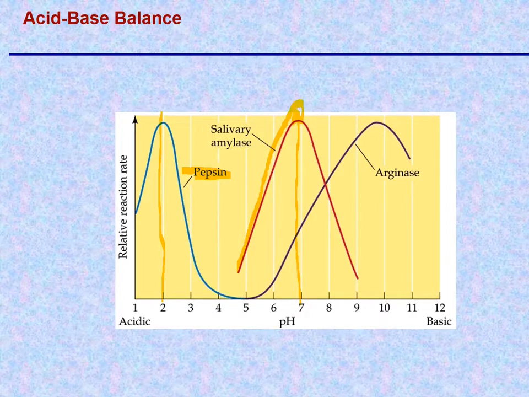But there are other enzymes that have their activity at an even higher alkaline pH. Here's arginase, which is a key enzyme, the final enzyme in the biosynthetic pathway that catalyzes the conversion of ammonia to urea. Ammonia is derived from nitrogen waste, metabolic waste, from the amino groups in amino acids that get digested.